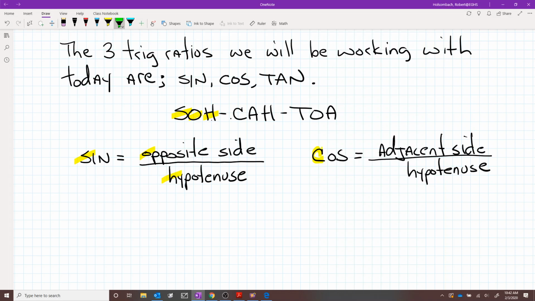So your C, your A, and your H, cosine equals adjacent over hypotenuse. The acronym helps you remember the ratios.